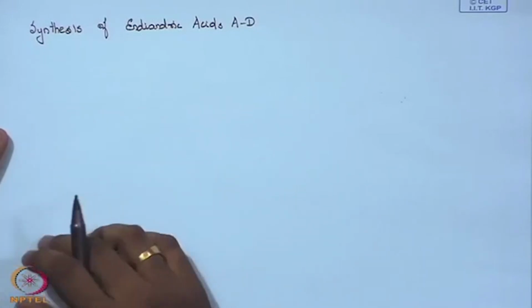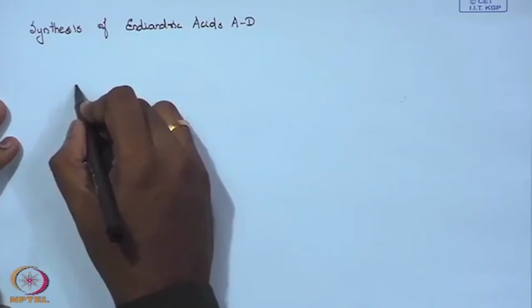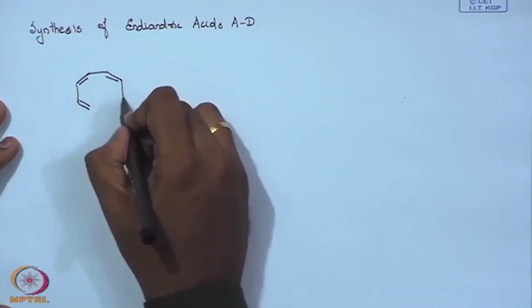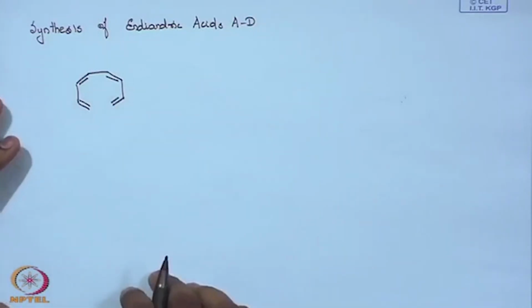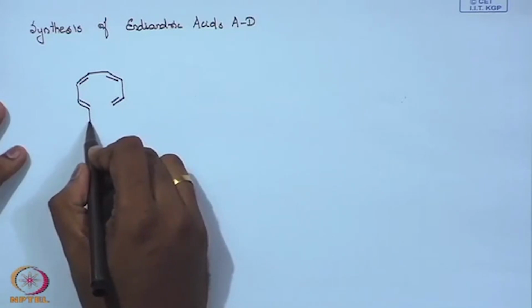Okay. So, first we will try to synthesize, we will take cyclooctatriene, right. So, we will take this system.